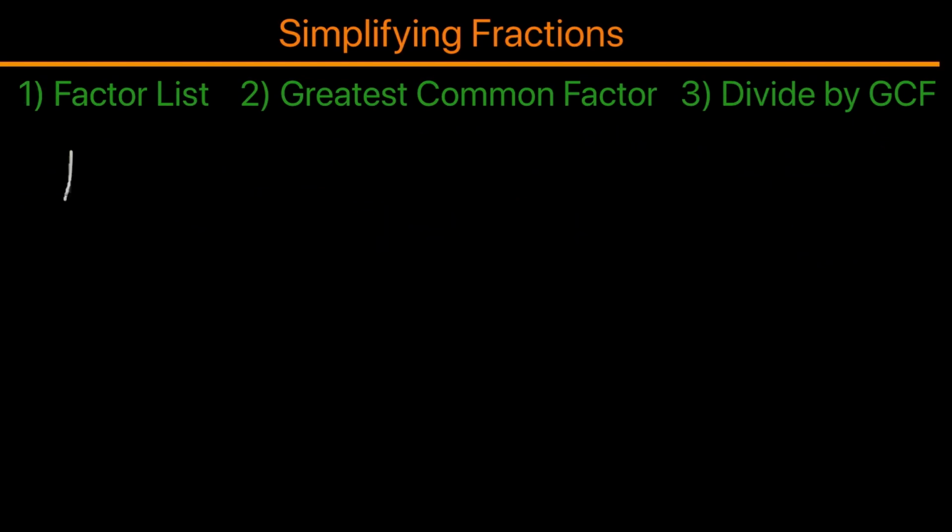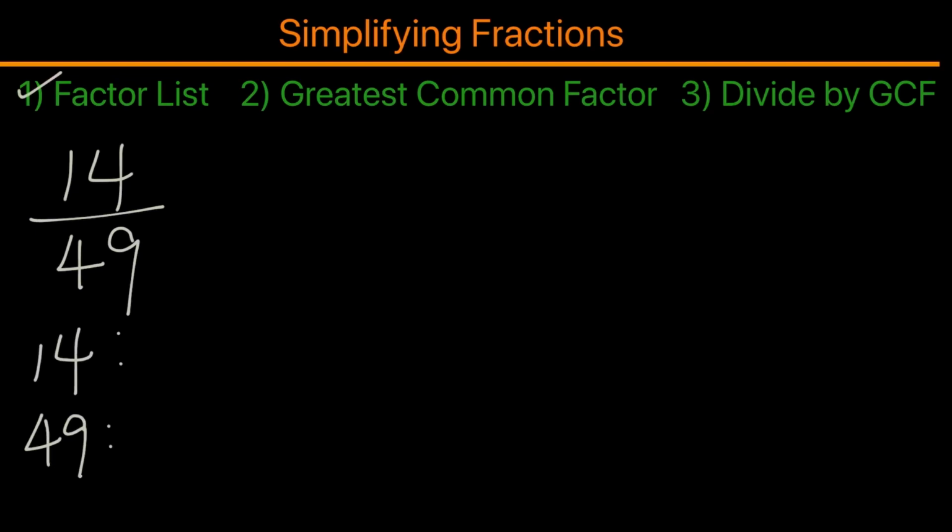Here's another question. 14 over 49. For finding the factor list, for 14 we have 1, 2, 7, and 14. For 49, 1, 7, and 49.